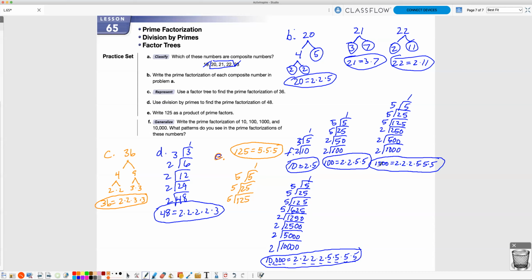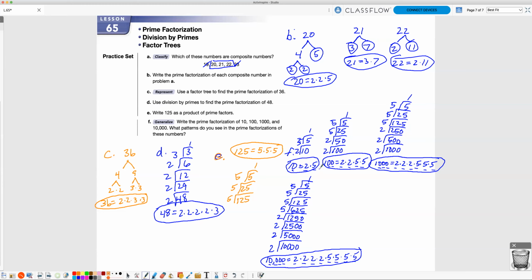Here there were 3 zeros, 3 twos, 3 fives. Here there were 2 zeros, 2 twos, and 2 fives. And here 1 zero, 1 two, and 1 five. So the pattern is that.